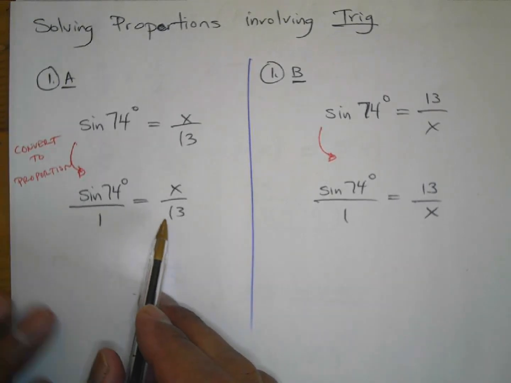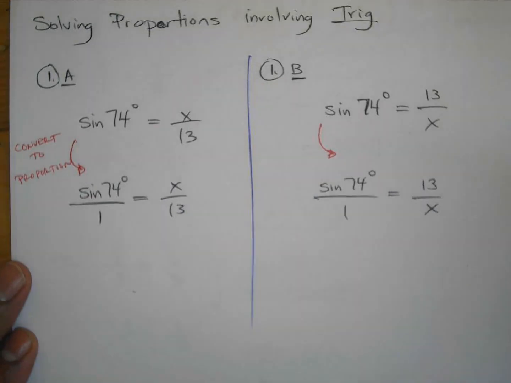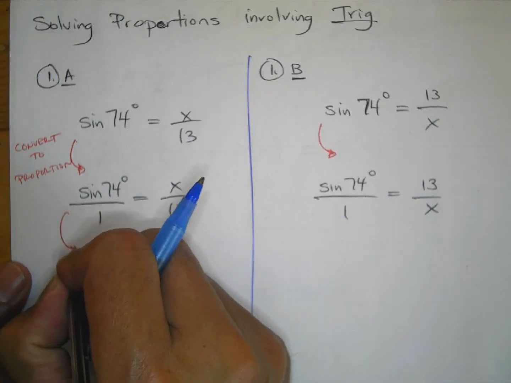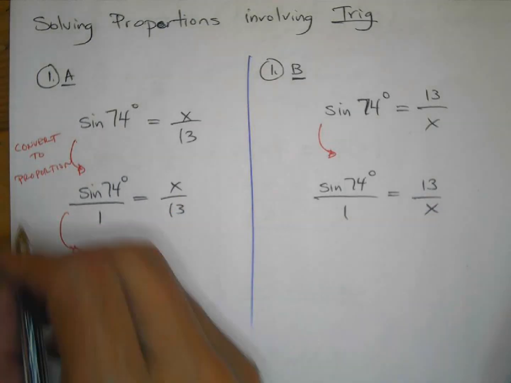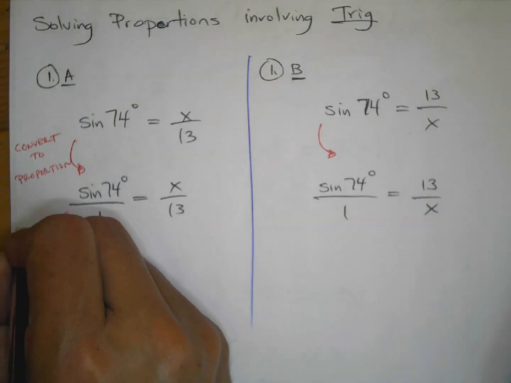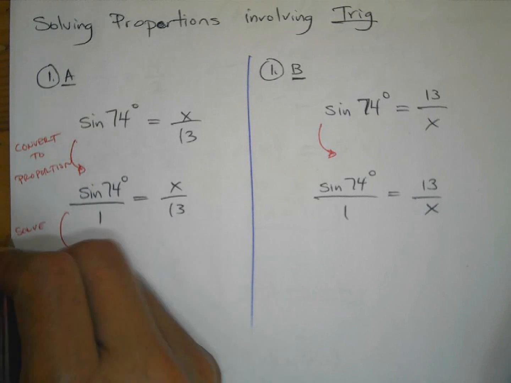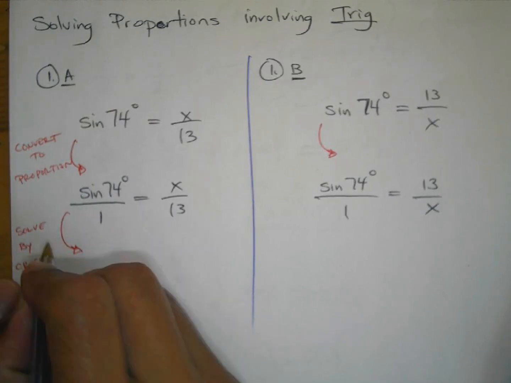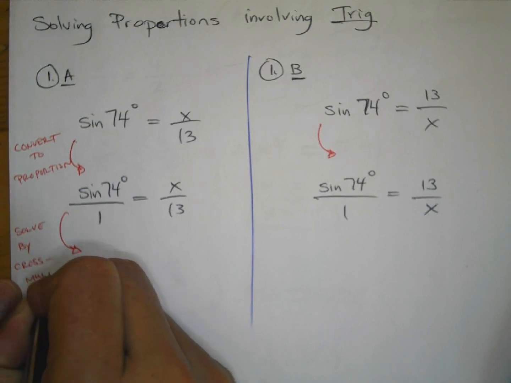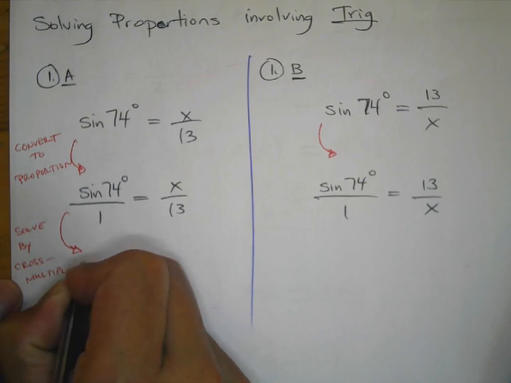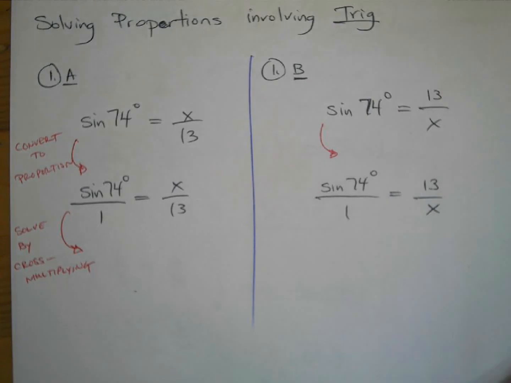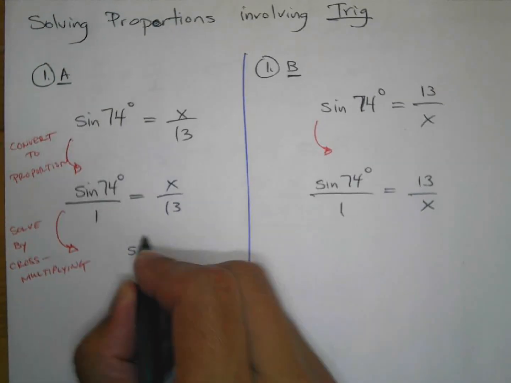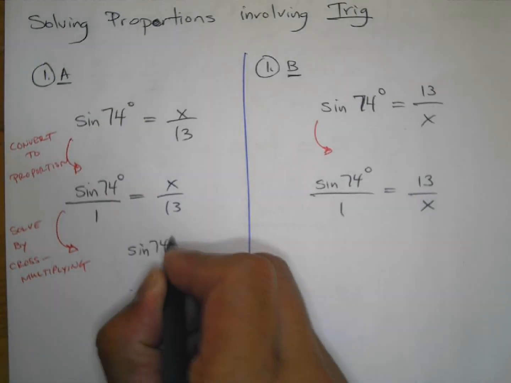Now we solve. How do we solve a proportion? Solve by cross multiplying. Let me write this over here because it's going to get sloppy here.